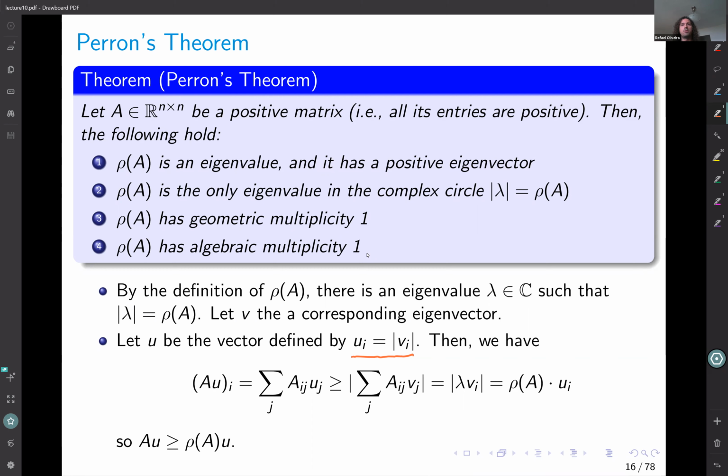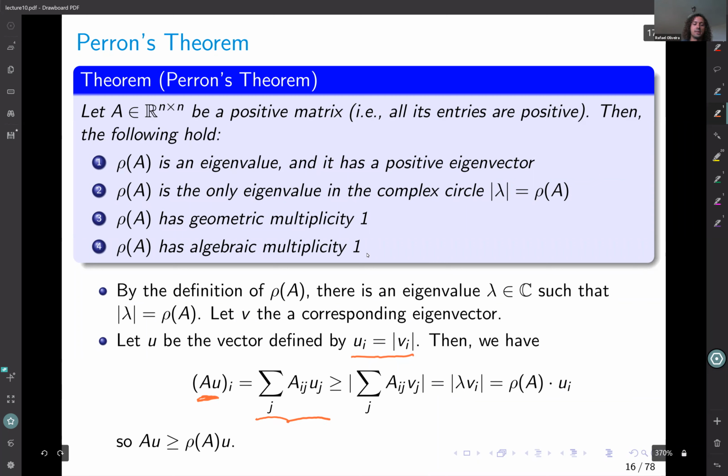Now what do we have? Let's compute the ith entry of A times U. When I multiply A by U and want the ith entry, I'm taking the ith row of A and doing the inner product with U. That's why we get this sum.